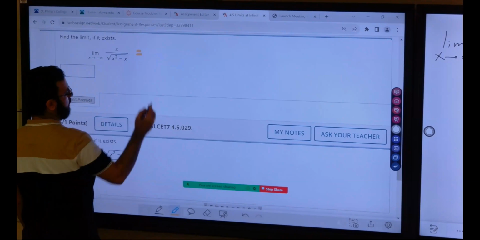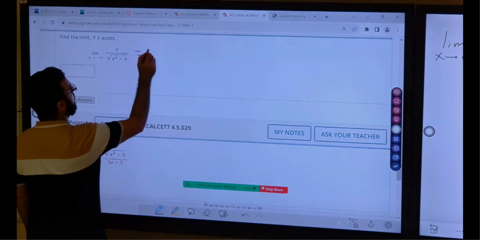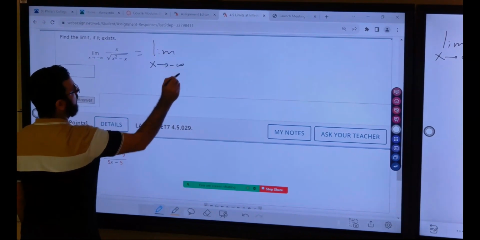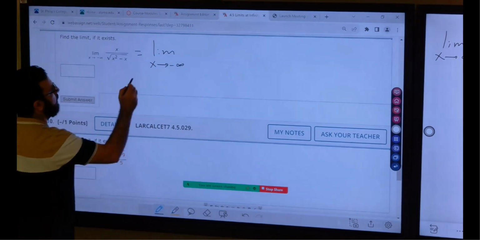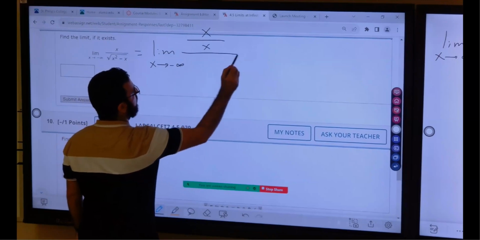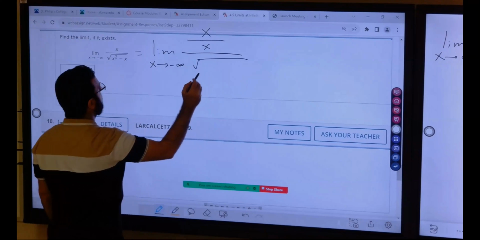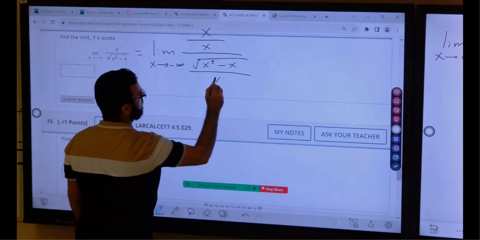That's going to be equal to the limit when x approaches negative infinity, and be careful if it's positive or negative infinity. Then divide everything by x. Here is the x, divide by x. Here is going to be the square root of x squared minus x divided by.